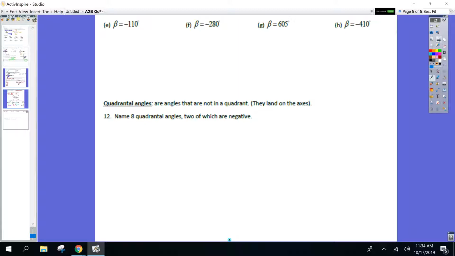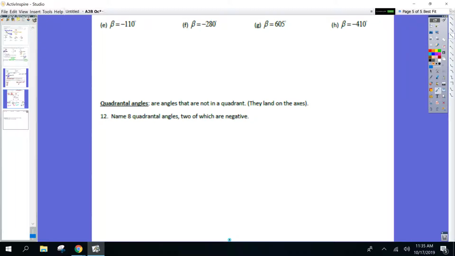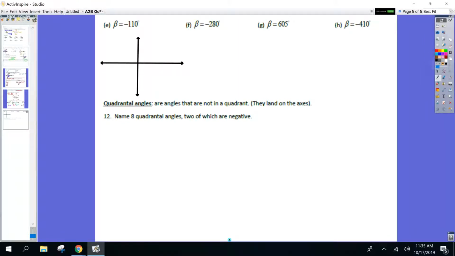Ooh, negative 110. Here we go. I think you guys can handle this. First, got to know what quadrant it's in. Okay. Negative 110.